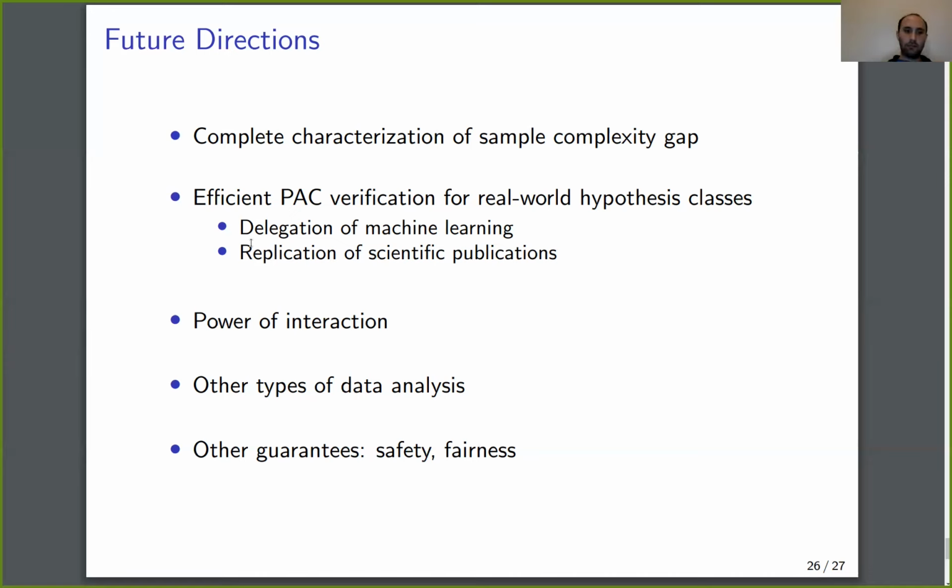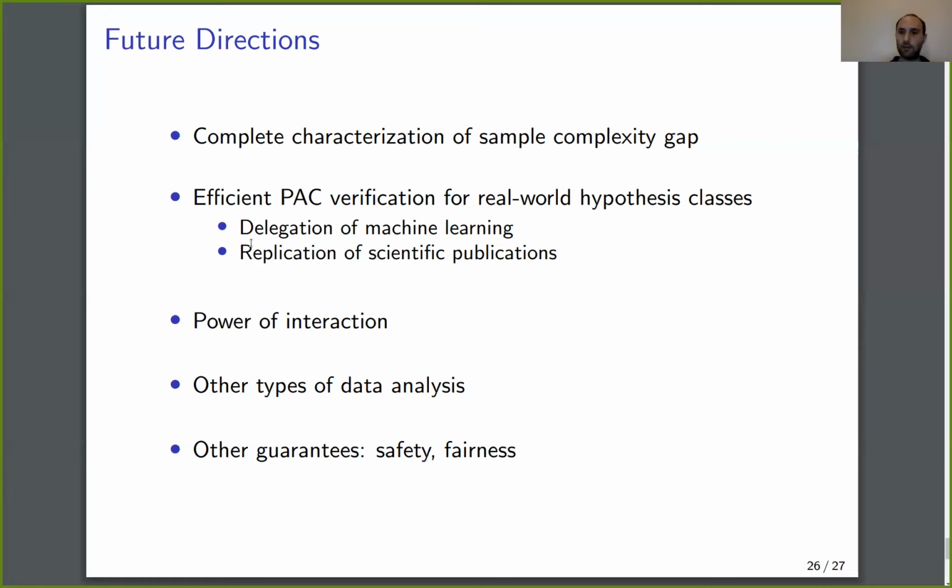And another thing you could do is consider other guarantees besides the PAC guarantee. In PAC, what we're verifying is that with high probability, the hypothesis has low loss or high accuracy. But that's just one property that the hypothesis can have with respect to the unknown distribution. There could be other good properties that we want the hypothesis to have.